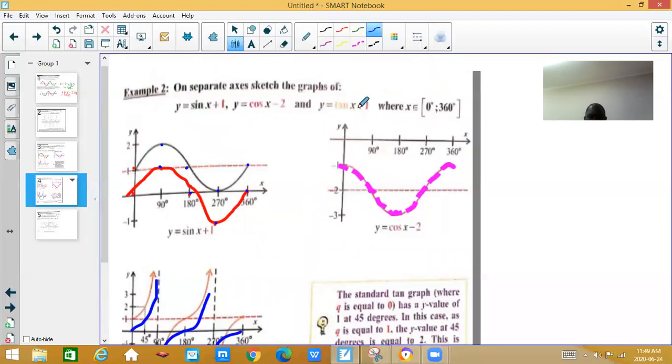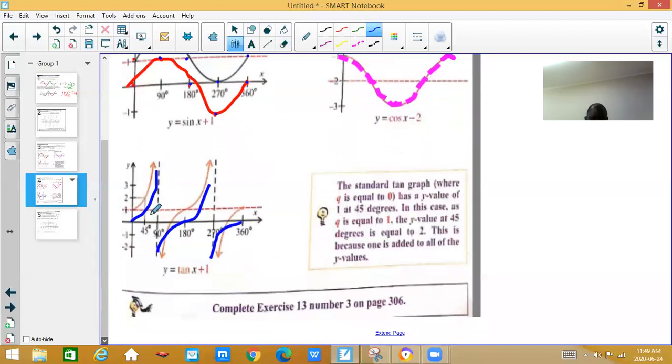Right, on this one we've got tangent, now is +1. Take note. On tangent +1, the point that we had here has moved 1 unit up to there. All points have been shifted. In other words, we have a new x-axis where we had our x-axis; it has been shifted to this point.